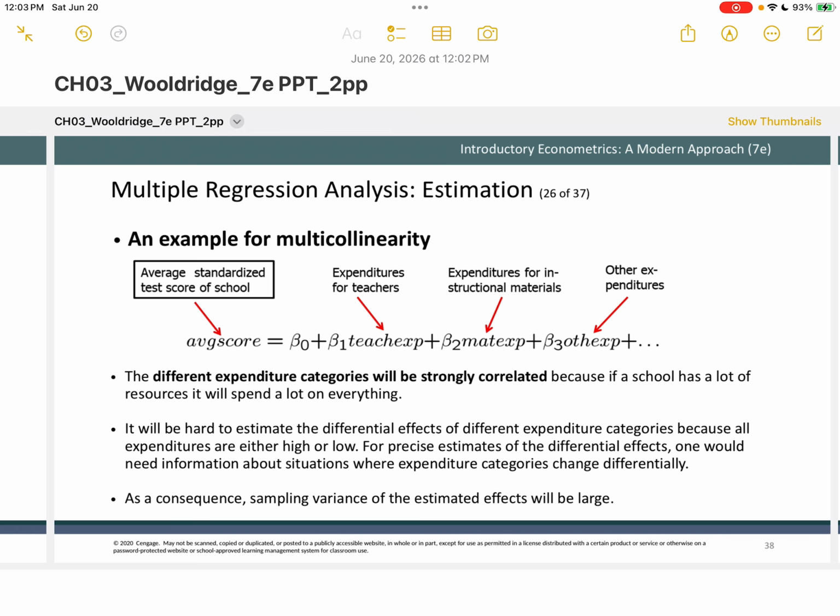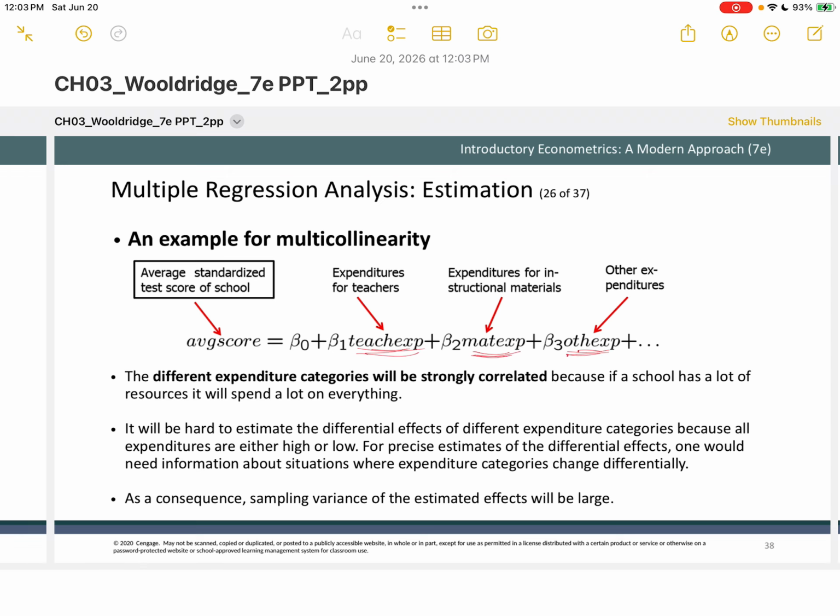Here's an example of multicollinearity, and we are almost there. Let's say we have average score as the response. We have expenditure for teachers, expenditure for instructional materials as the second explanatory variable, and other expenditures. These are lots and lots of expenditures, but these different expenditure categories are definitely going to be highly correlated with each other.